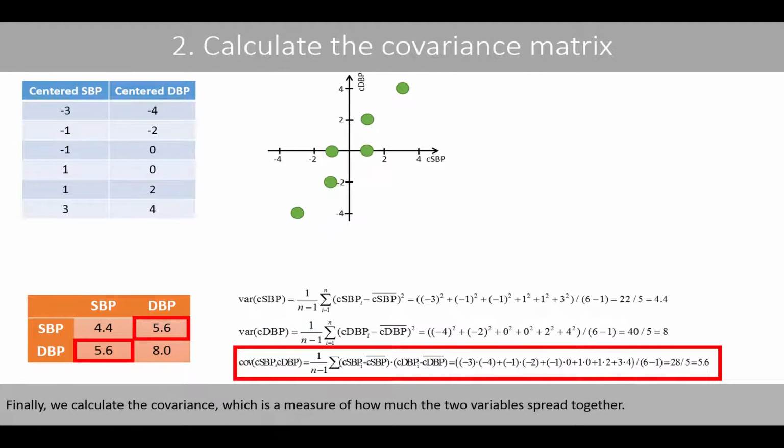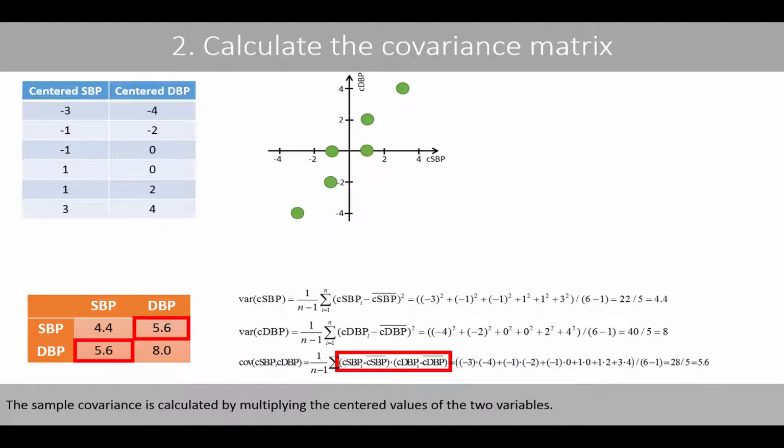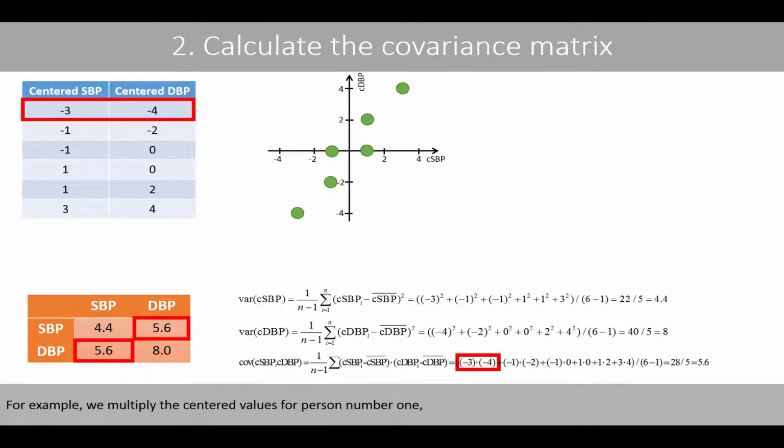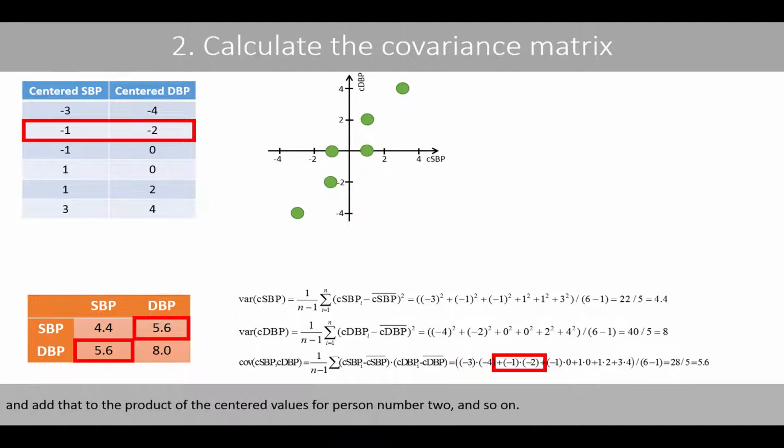Finally, we calculate the covariance, which is a measure of how much the two variables spread together. The sample covariance is calculated by multiplying the centered values of the two variables. For example, we multiply the centered values for person number 1 and add that to the product of the centered values for person number 2 and so on.